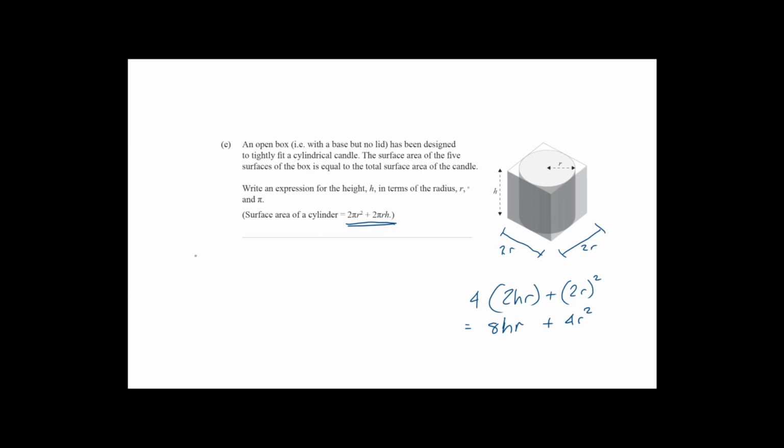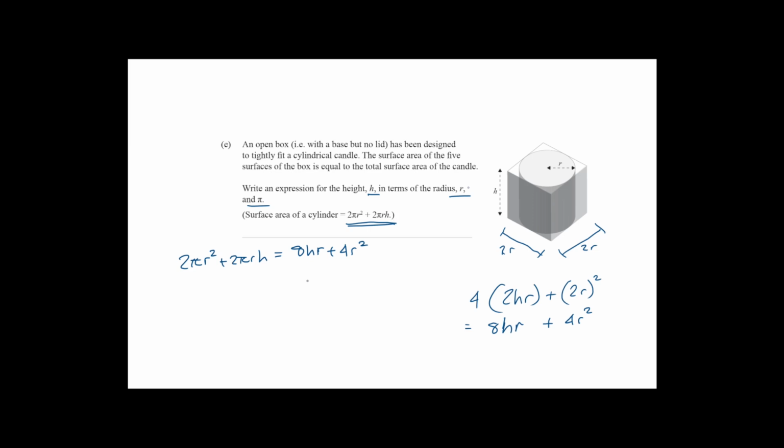Okay, so let's set one equal to the other and solve for h in terms of r and pi. So 2 pi r squared plus 2 pi rh equals 8hr plus 4r squared.